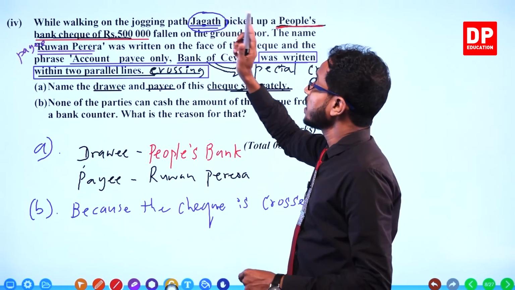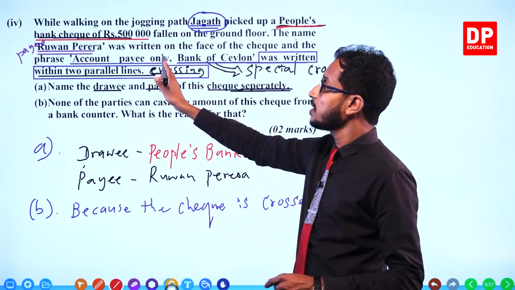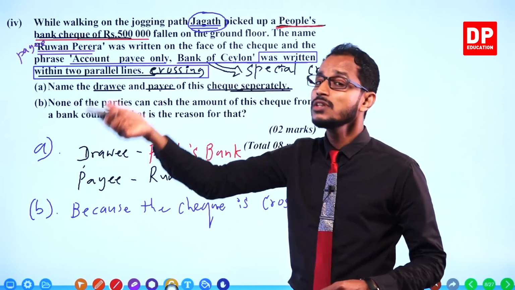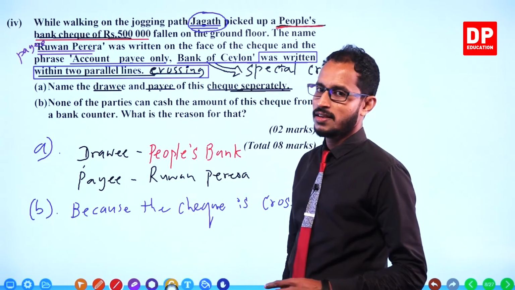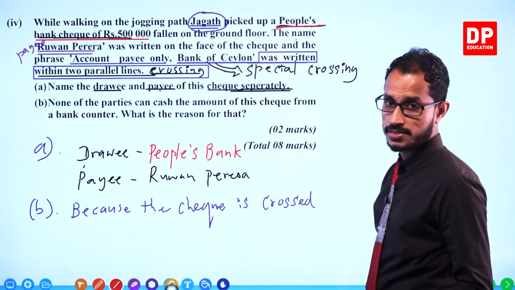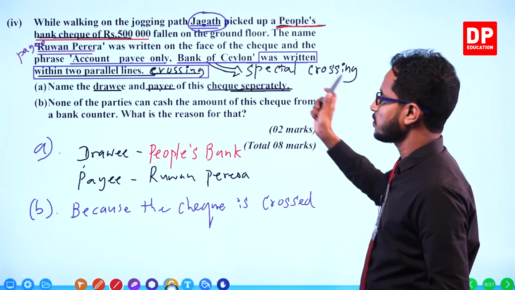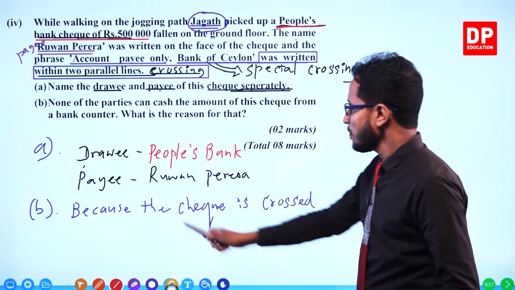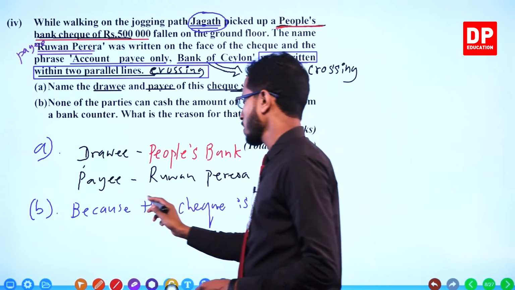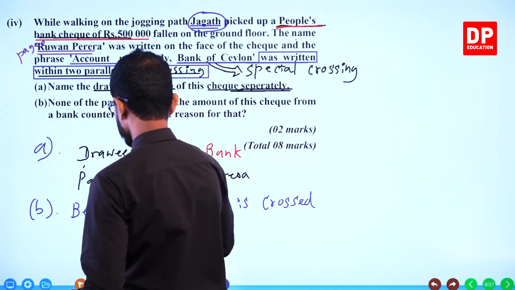Not only that, the account of Ruan Pereira should be in the Bank of Ceylon, BOC. That is why no parties can cash the amount from the counter. What is the reason? Because the check is crossed.